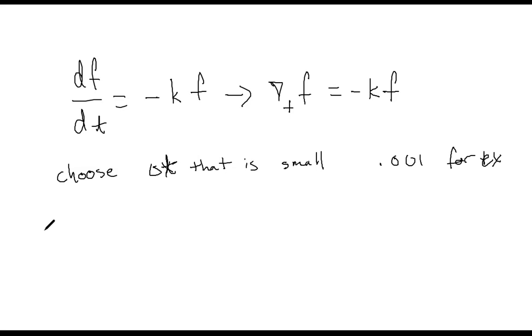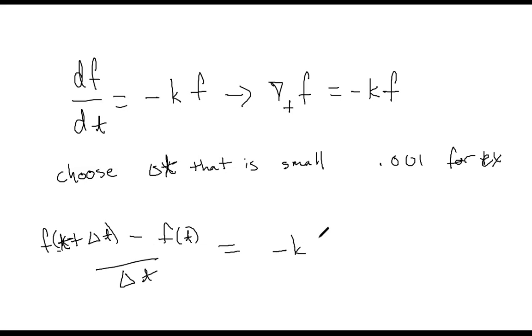So I write it out and I would get f of t plus delta t minus f of t over delta t. That should equal minus some constant times f of t.